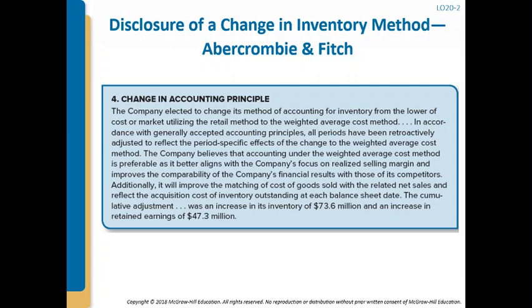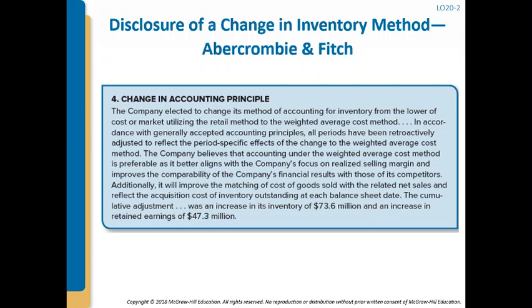And so you have an example here, Abercrombie and Fitch. Somewhere in there it says the company believes the accounting under the weighted average method, they went from lower of cost or market to the weighted average cost method.